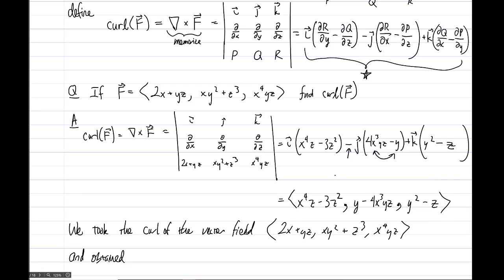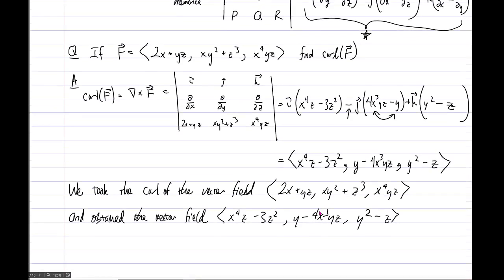The output is a vector with input variables x, y, and z. So we obtained the vector field, angle bracket x to the fourth z minus 3z squared, comma, y minus 4x cubed yz, comma, y squared minus z.